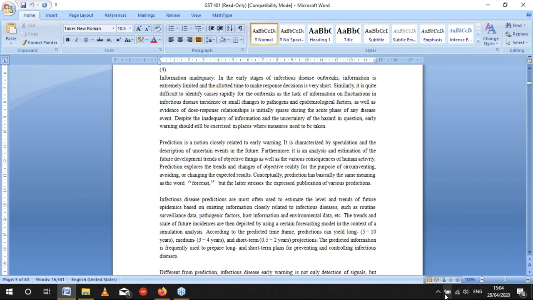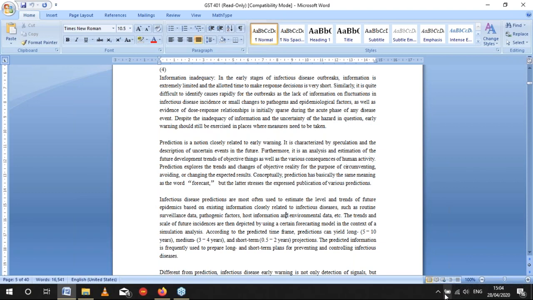Okay? So right now, I think we've been able to look at the terms that are generally used in documentation when describing infectious disease warning. We've been able to define the two major terms, early warning and prediction, because early warning system is just a system applied.